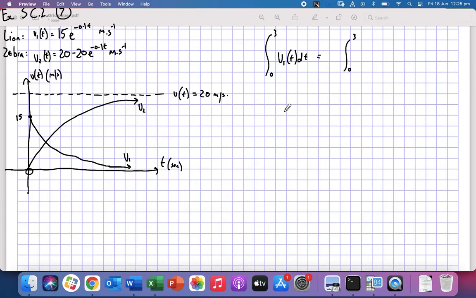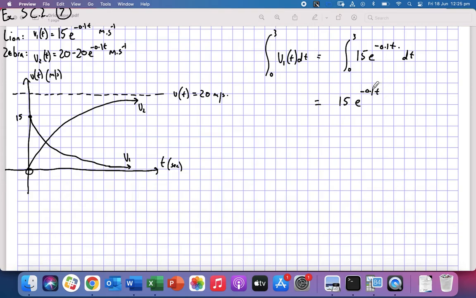Now, to do this integral for this function, we'll just run through the antiderivative, given that it's an exponential function. So what I'd be doing is keep your 15. Right. E is its own integral, so rewrite this. Then imagine you're doing a derivative.